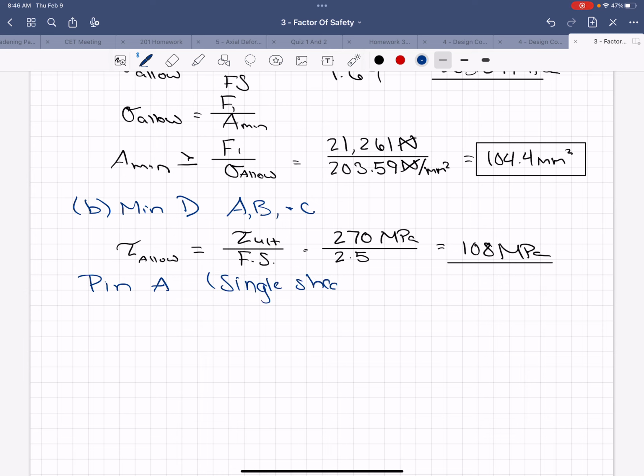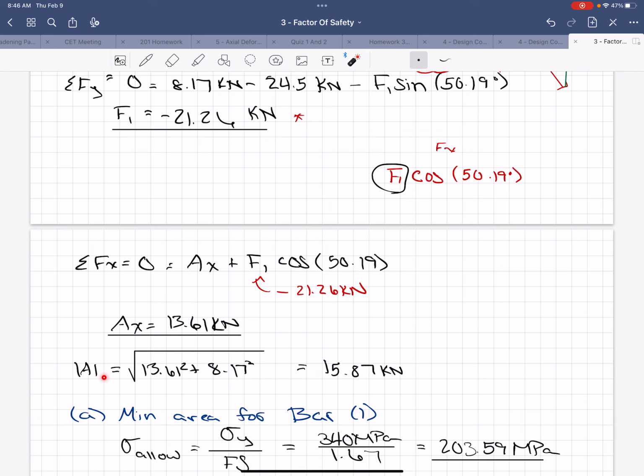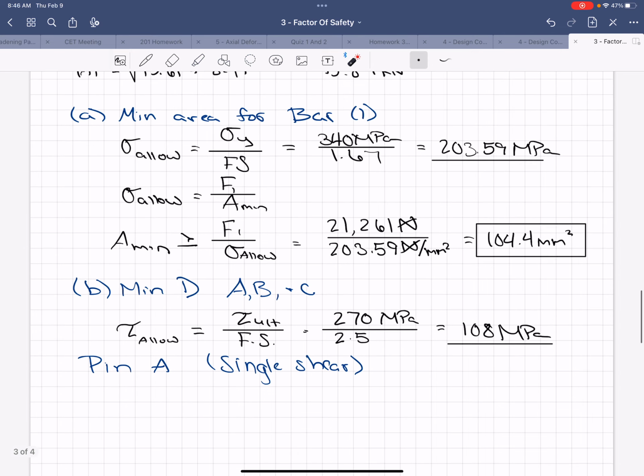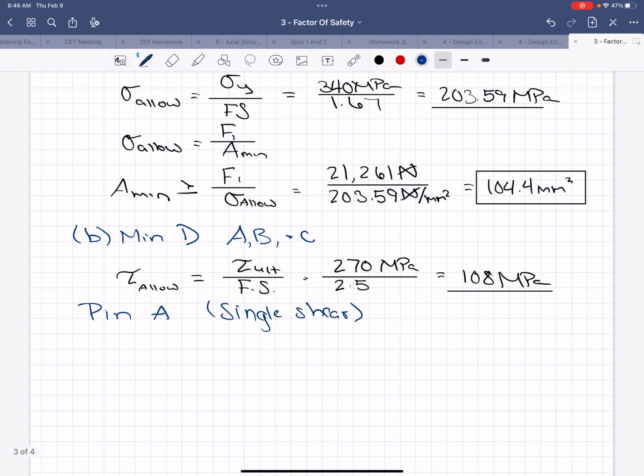And it has a force acting on it equal to this resultant force of A. So we use the allowable shear stress, tau allow equals V, in this case, no, sorry, the magnitude of A, all over, so that's a force, all over the area of pin A.